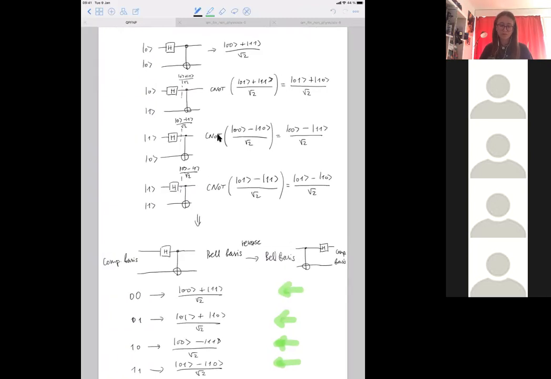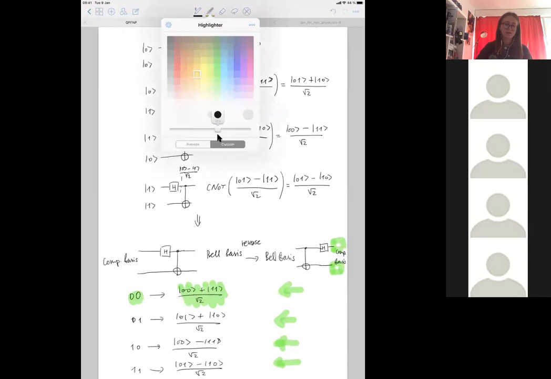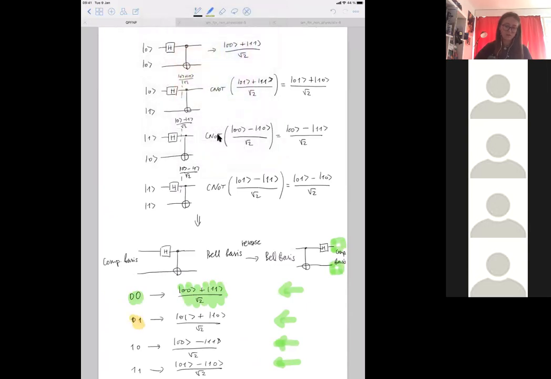So for example, if we measure 0,0 like here, it means that it's this Bell basis state. If we measure 0,1, it's this, and so on.